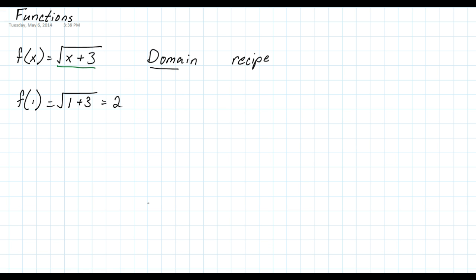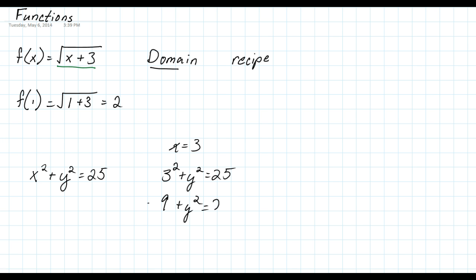So why is this significant? Well, remember before we were talking about circles. So let's consider the circle given by the equation x squared plus y squared equals 25. Now, when x equals 3, we get 3 squared plus y squared equals 25, which is 9 plus y squared equals 25, which means that y squared equals 16.